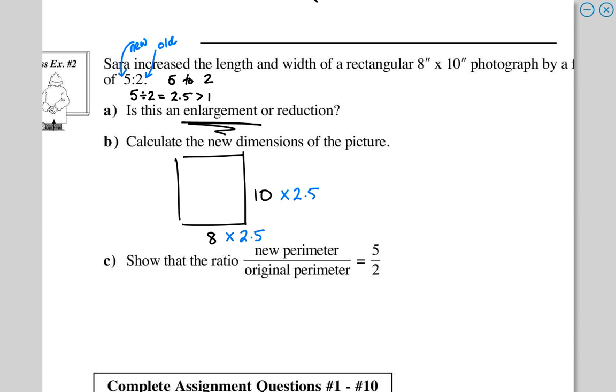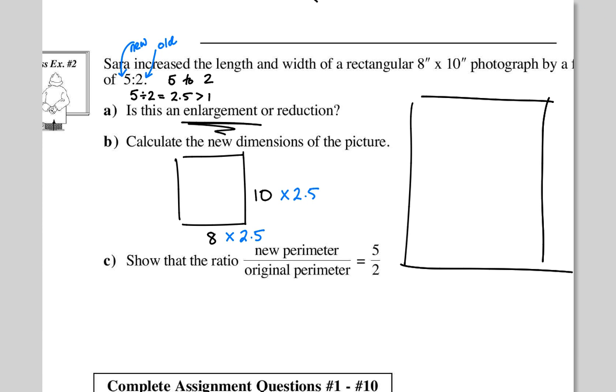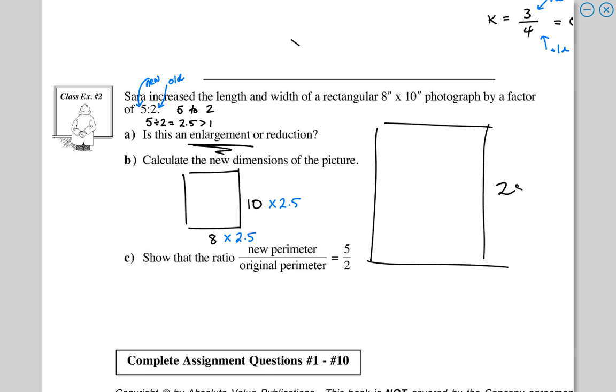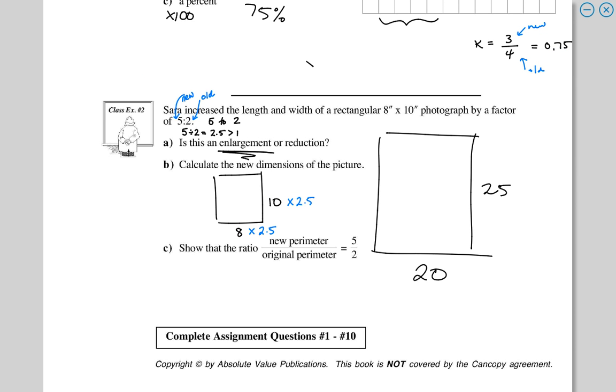So the new picture, which is an enlargement: 10 times 2.5 is 25, and 8 times 2.5 is 20.